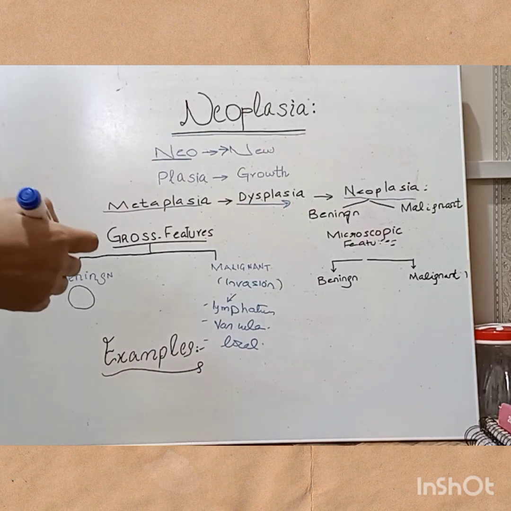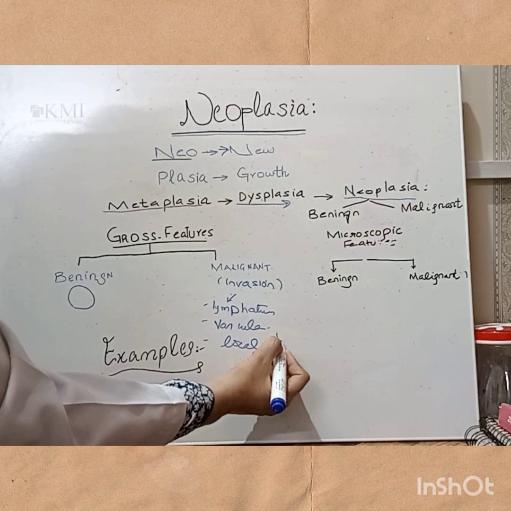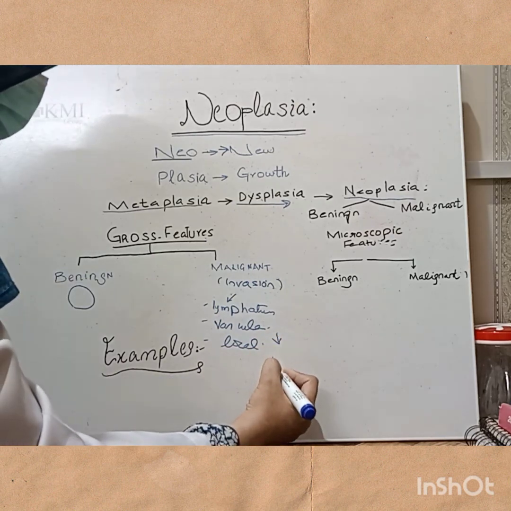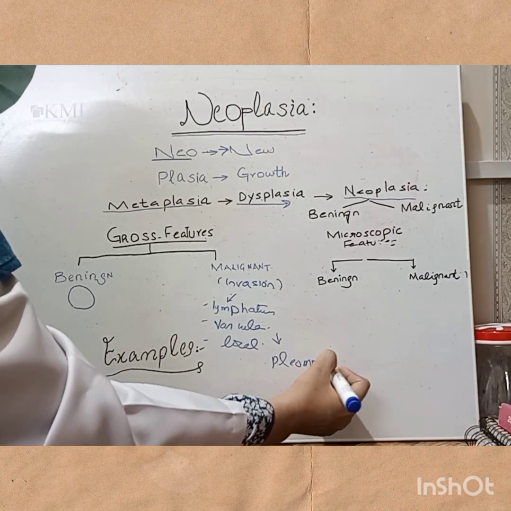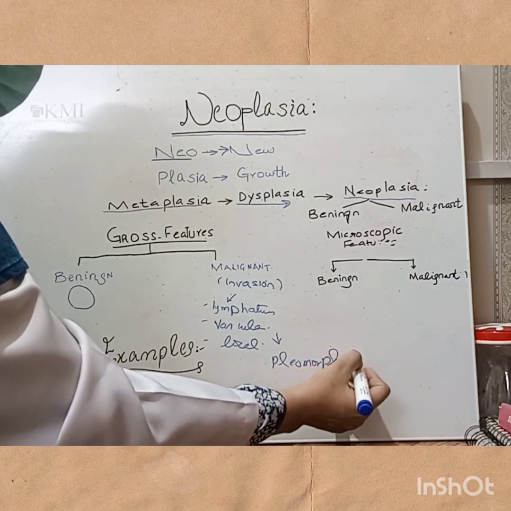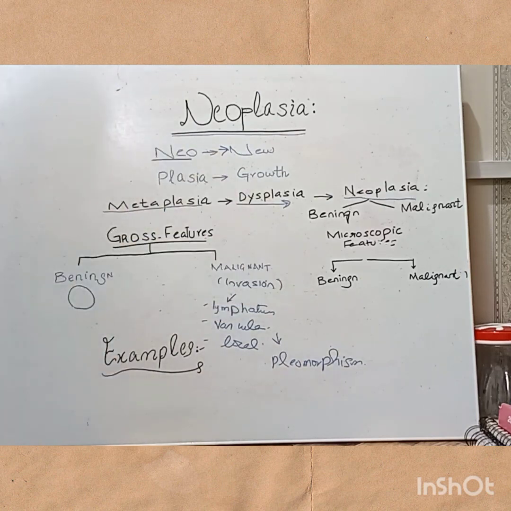Now it will not be well circumscribed. This malignant tumor actually shows the property of pleomorphism. What is pleomorphism? That is variation from the normal size and structure. And also it is not well encapsulated.